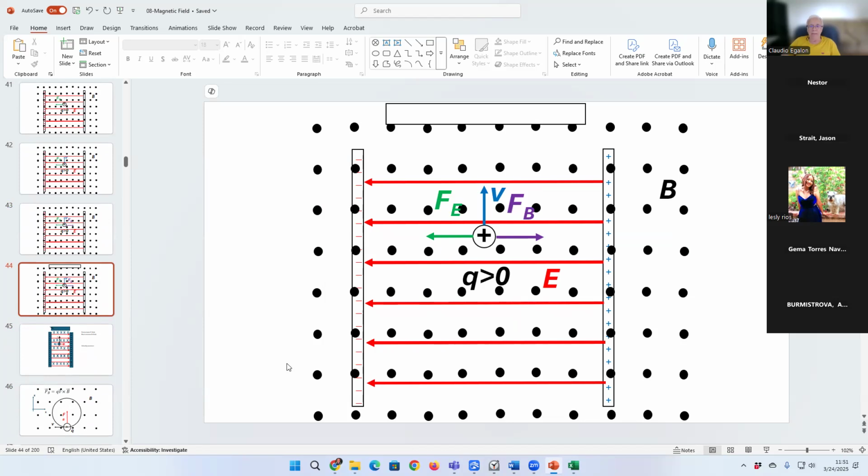And again, in a device like this one, we can put a screen, a phosphorescent screen, just like the one you saw there in the video, right? To visualize the place where this particle strikes the screen. So we can insert this beam from this point right in here in the velocity selector.